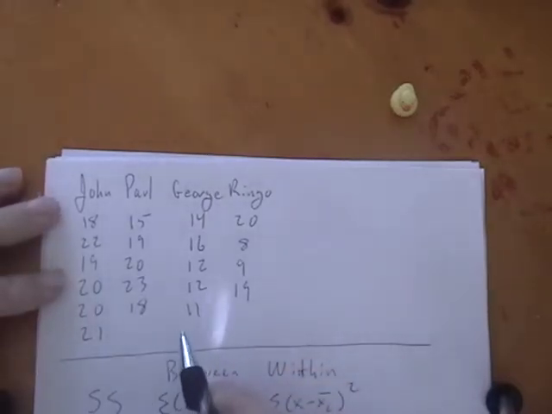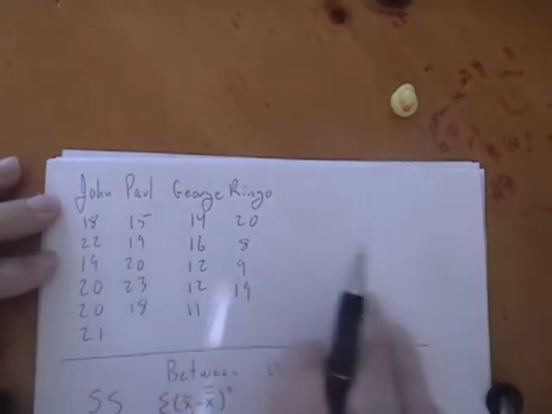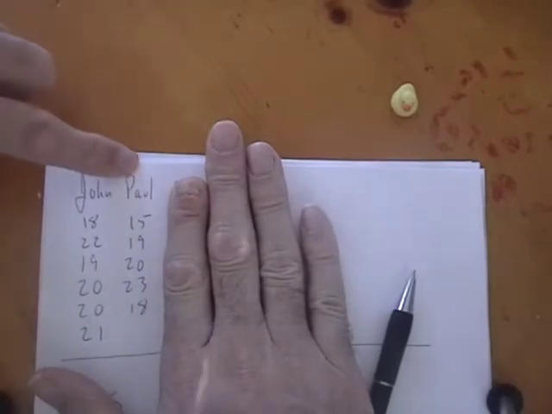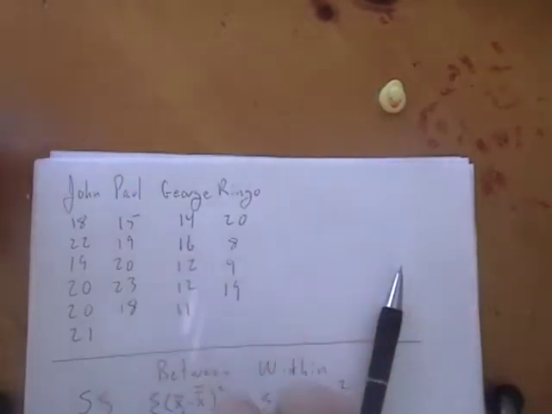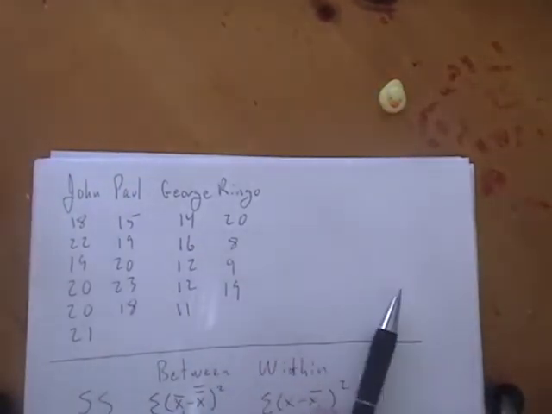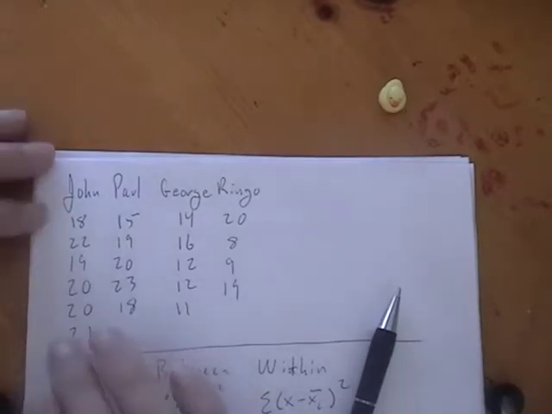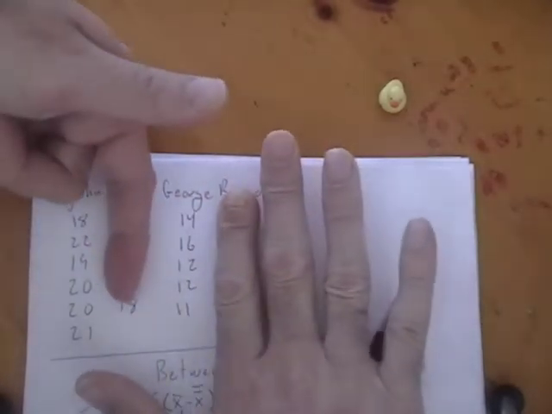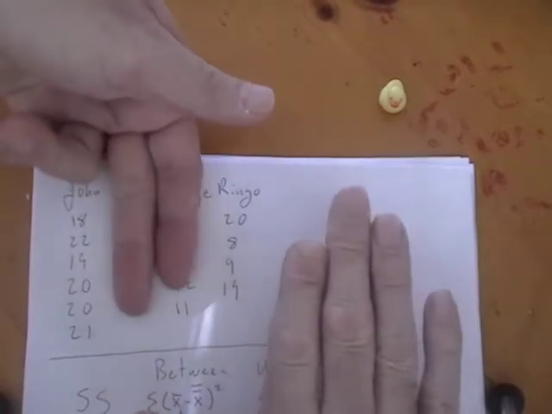Analysis of variance. Suppose that instead of just two groups that we're comparing, we had a whole bunch of groups. Now, I suppose we could do them pairwise, but there are lots of pairs. With four groups, you could have John and Paul, John and George, John and Ringo.